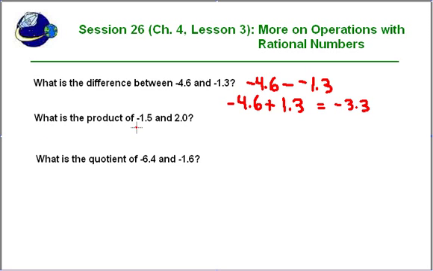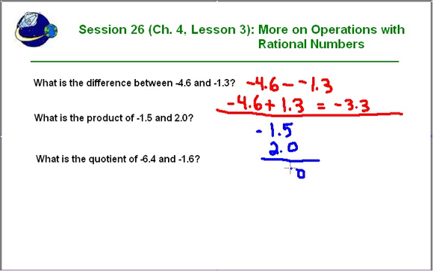Next, what is the product of minus 1.5 and 2.0? Well, let me go ahead and just get this line here first to separate them a little bit. For this one, let's go over here and write it. 2.0 and 1.5. Well, if we come over and rewrite 1.5, and remember that's a minus there, it's a negative, and we're going to multiply that times 2.0.